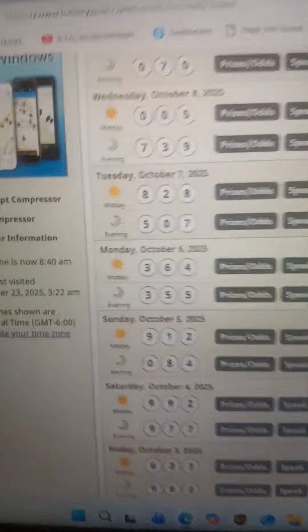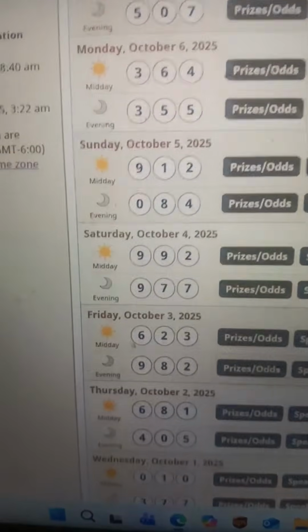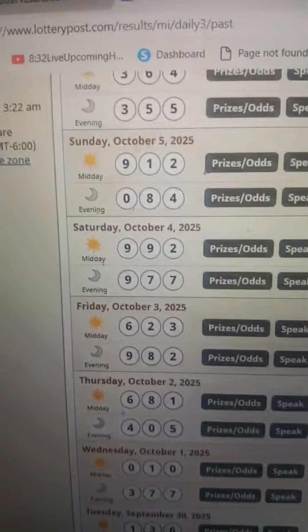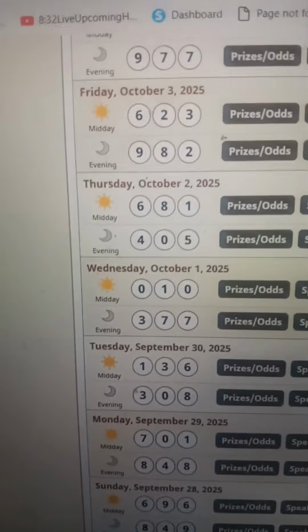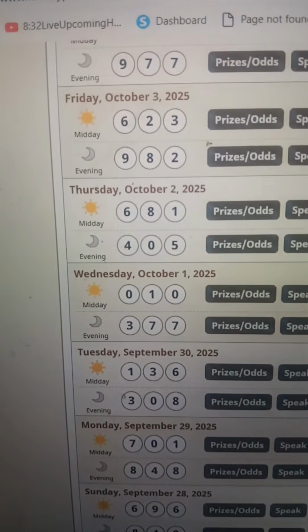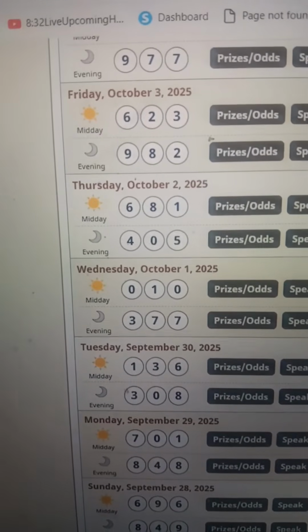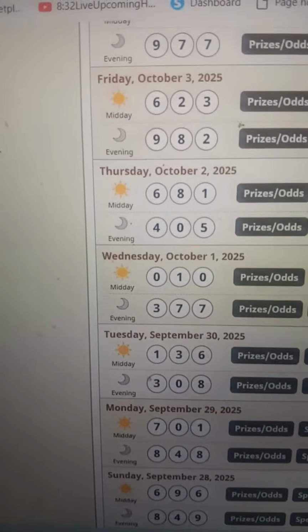Let's see how the 3 digits look in the state of Michigan. Go all the way down to the bottom and see our strategy here. All the way to the bottom. And look at that, right off the bat, it's already looking good.